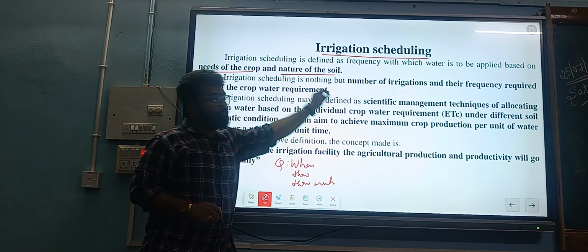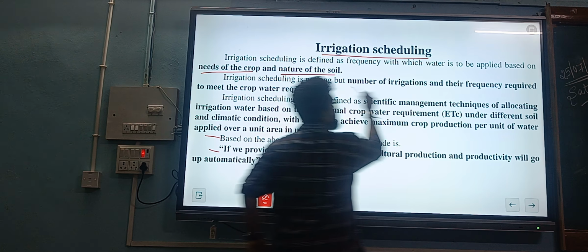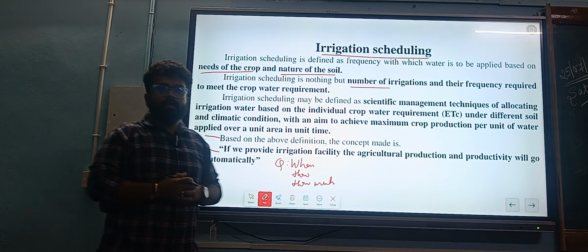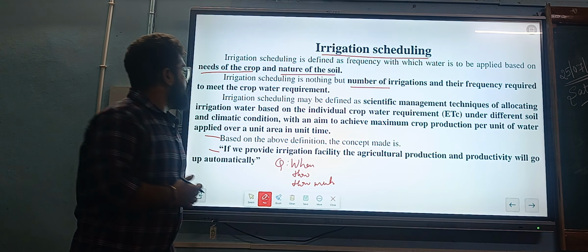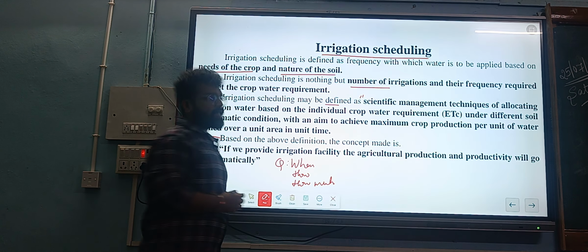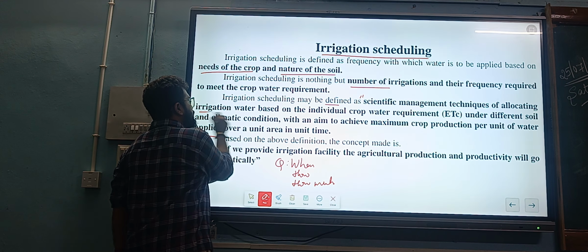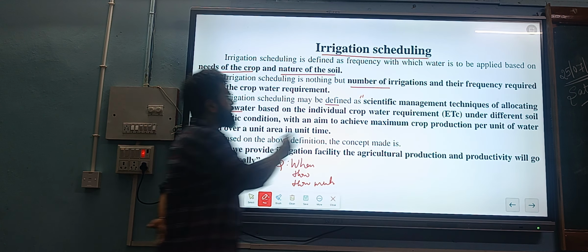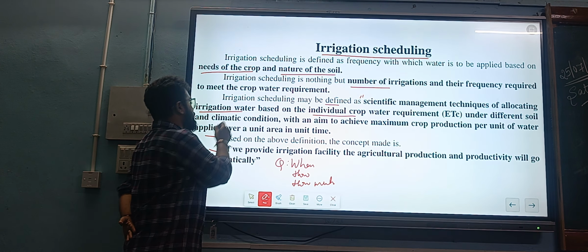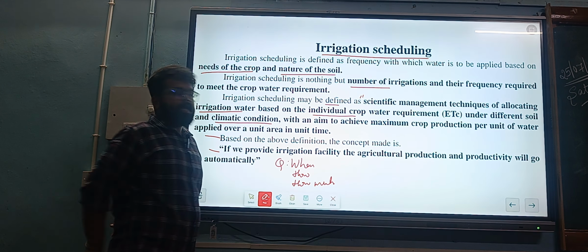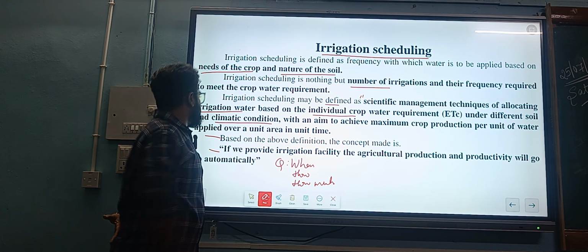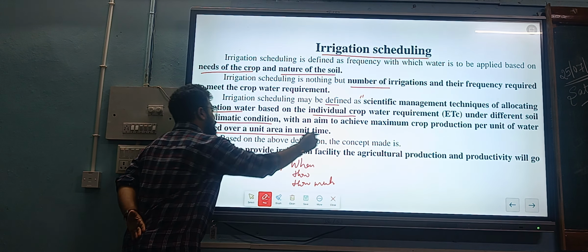It is nothing but the number of irrigations and frequency required to meet the crop water requirement. It can also be defined as a scientific management technique of allocating irrigation water based on the individual crop water requirement under different soil and climatic conditions, with an aim to achieve maximum crop production per unit of water applied over a unit area and unit time.